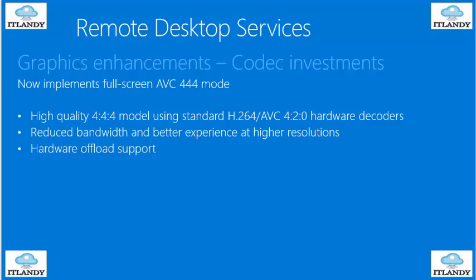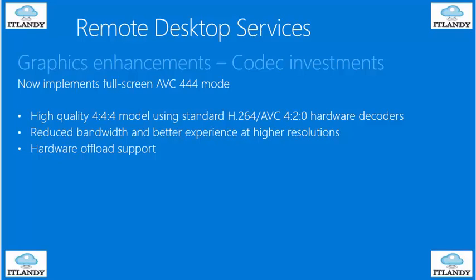Let's give you some info around this area. The RDP graphic compression codec now implements full screen AVC mode, reducing bandwidth and giving a better experience at higher resolution, and the same thing around hardware offloading. For graphic compression, RDP has used the AVC H.264 codec standard for a couple of releases.